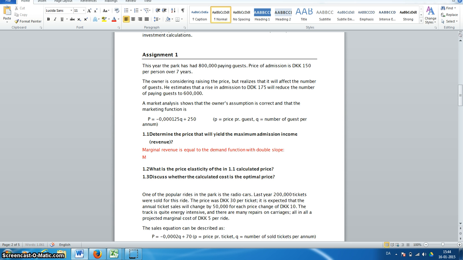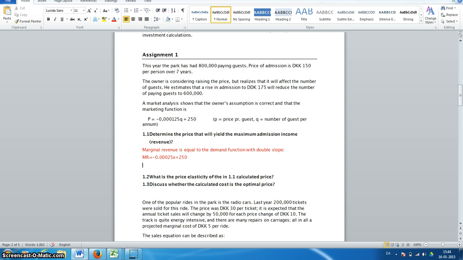So in this case, marginal revenue will be equal to minus 0.00025x, I just write x instead of q, but you can do as you please, plus 250. Now that's the marginal revenue function.